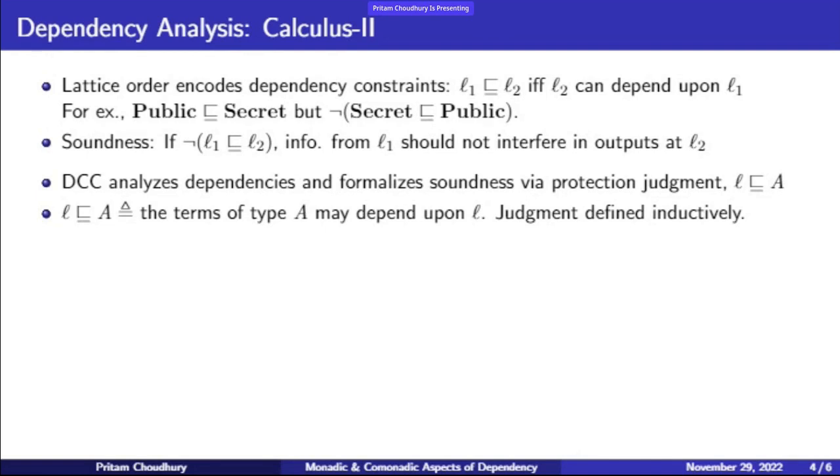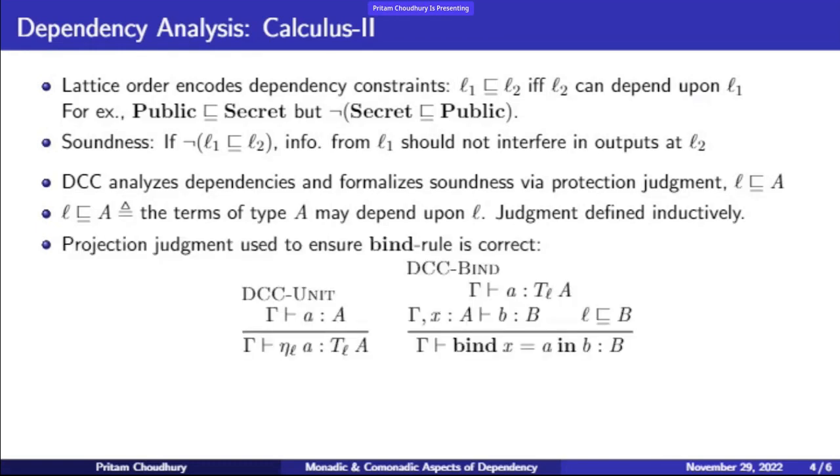The judgment is defined inductively, but I am omitting it because of time constraints. Now, this judgment is used in the crucial bind rule of the calculus. You can see the bind rule, DCC bind. So here we have a term of type T L A, and we pattern match it, and then we check that B can observe L-secure values of type A. So this is where the protection judgment comes into play.